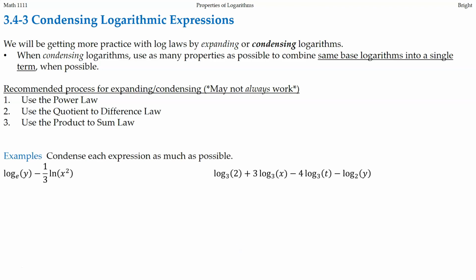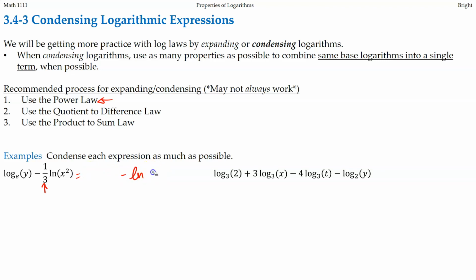Let's get some practice. I'm doing the first one, you're doing the second one. We want to condense each expression as much as possible. So this first one, I want to begin with the power law. Are there coefficients? Yep, there is a coefficient of 1/3. That's going to go inside as an exponent on x squared.